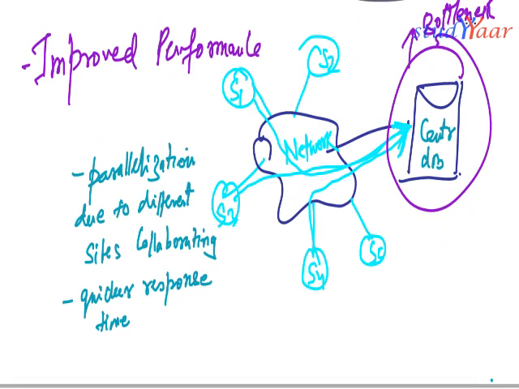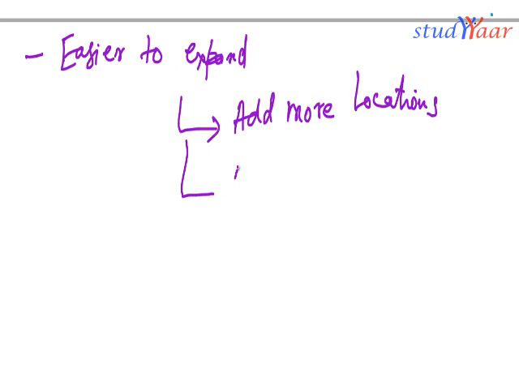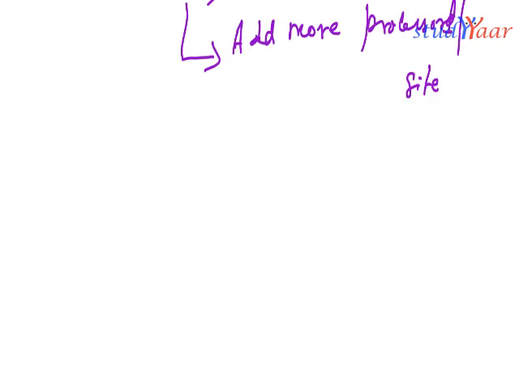However, in a distributed system, you can easily add many processors at a particular site, and if a limit is reached where you cannot add more processors to a particular site, you can add more sites. So you can add more locations, or you can also add more processors per site. Okay, so I say it is easier to expand.